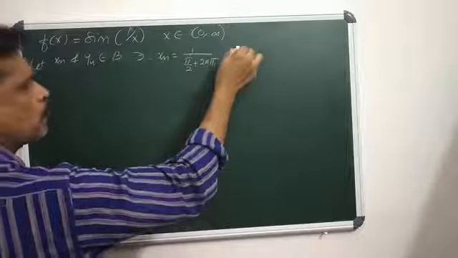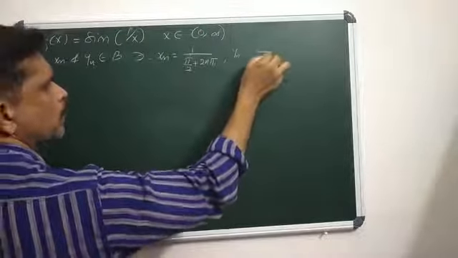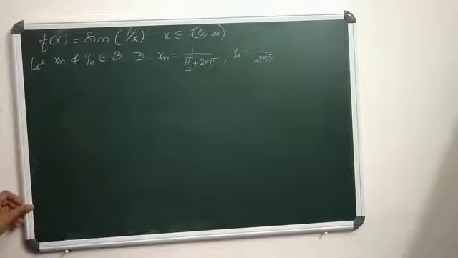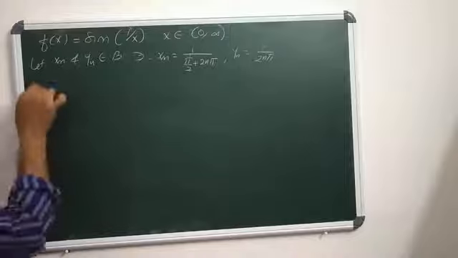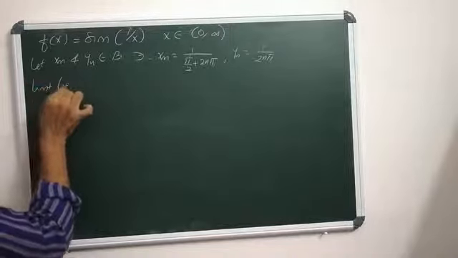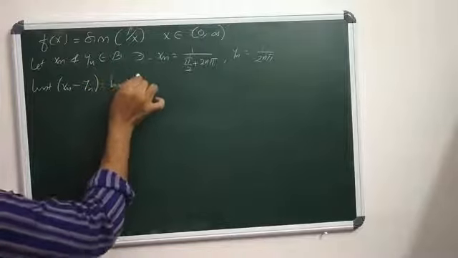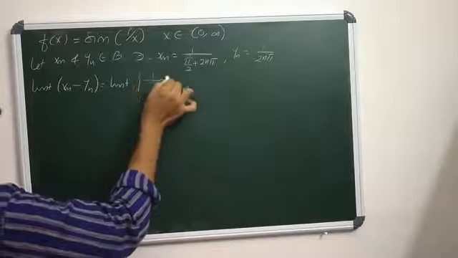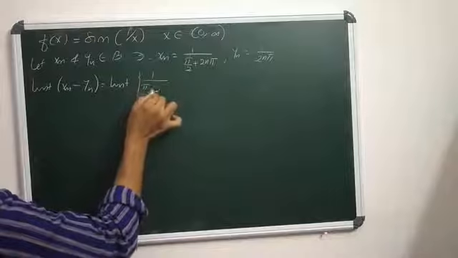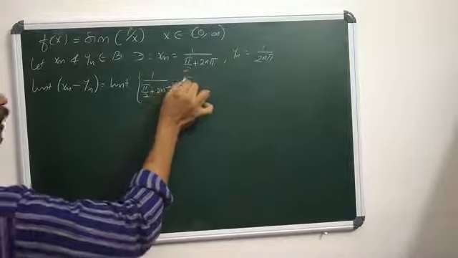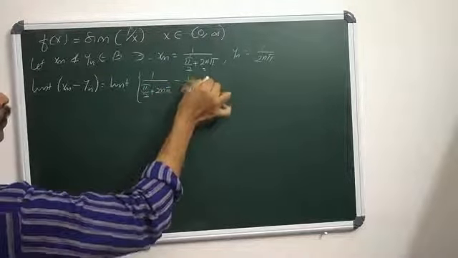We may choose yn equals 1 by 2n pi, which also falls in B. Then what about the limit of xn minus yn? It is the limit of 1 by (pi by 2 plus 2n pi) minus 1 by 2n pi.